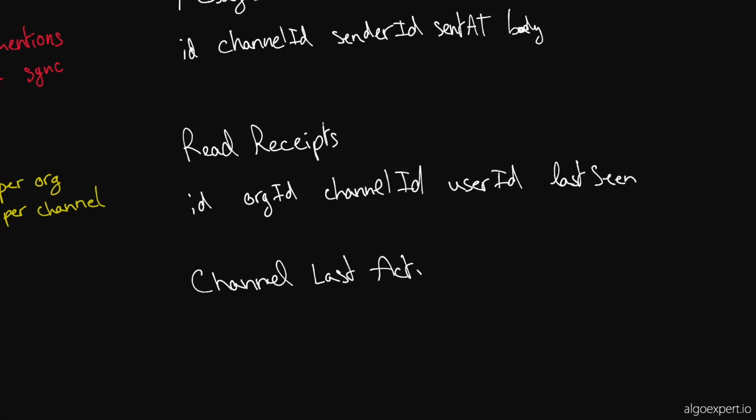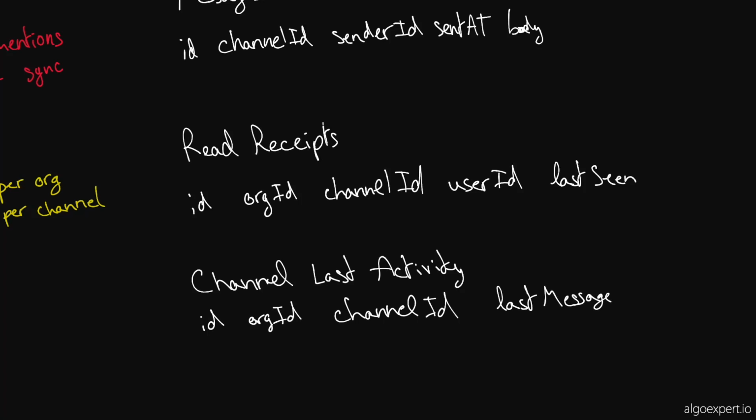And this would also be a simple table that would have ID, org ID, channel ID, but here it would have the last message time. Let's put last message time. And this would be a timestamp, just like the last seen.